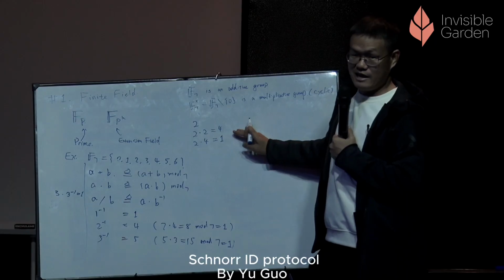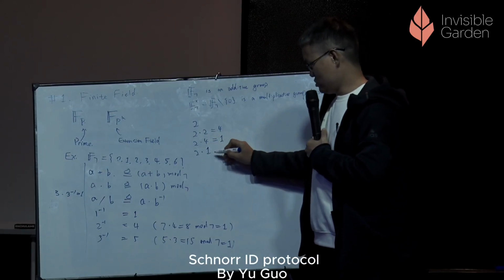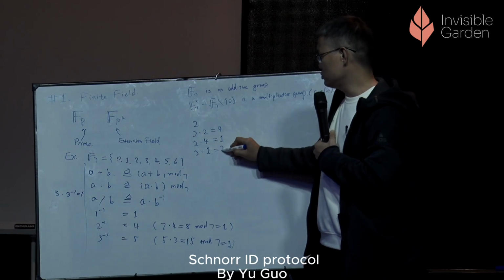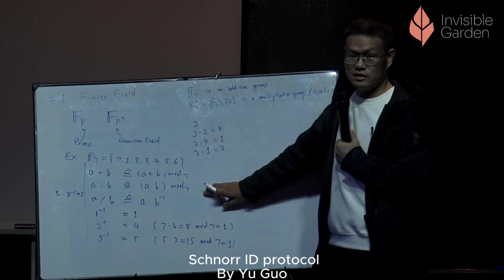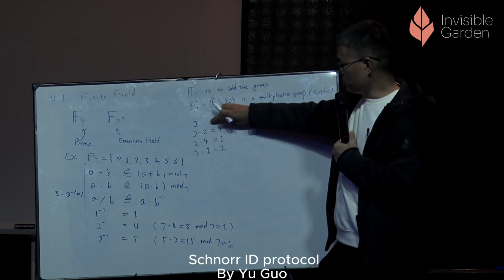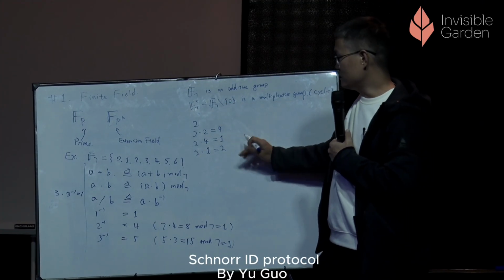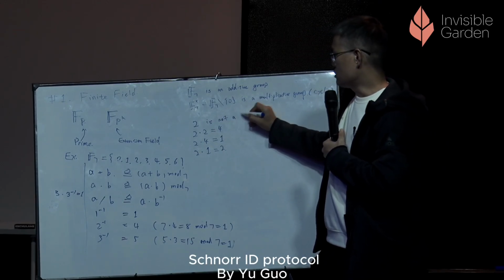Next, 2 times 1 still equals 2, so we get an infinite loop. By using 2, we only generate 2, 4, 1. So 2 is not a generator.